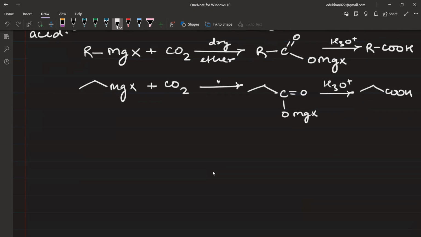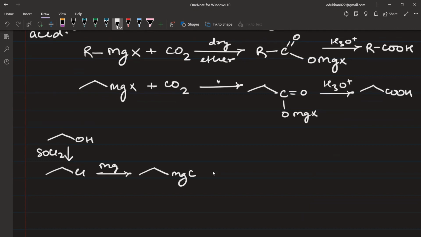Now, for the case of ethanol, first I will convert this to alkyl halide, Cl. Then I will add Mg. So I will get MgCl. Then you have got a Grignard reagent. You just need to react this with first CO2, second H3O plus. Okay, what you are going to get? 1, 2, 3 carbon atoms and COOH.